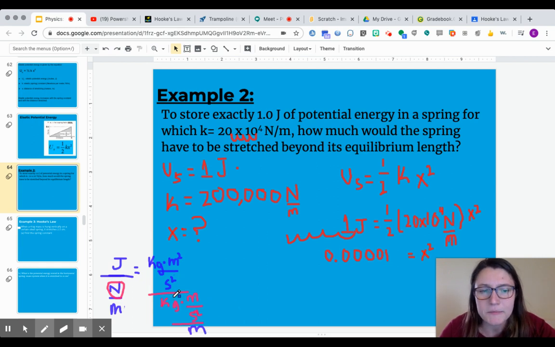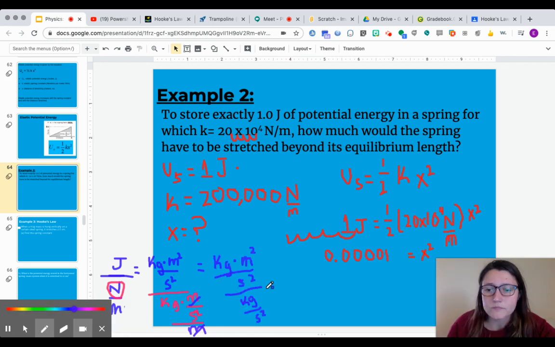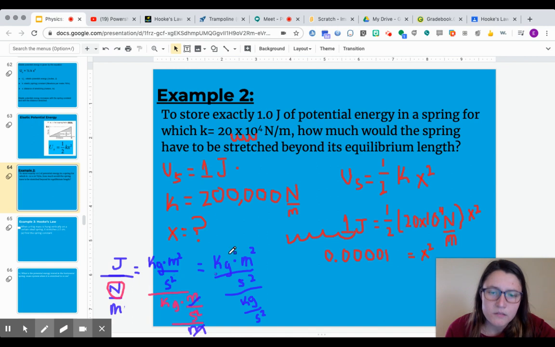So focusing just on the denominator, one of these meters will cancel out. We have meters divided by meters. Okay, so we have kilogram over second squared in our numerator now. I'm going to do this step by step. We now see that we have kilograms that will cancel out. Our second squared will also cancel out, if we were to multiply top and bottom by the reciprocal, second squared over kilograms.